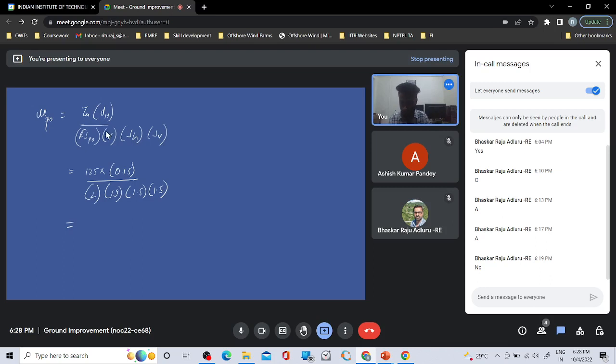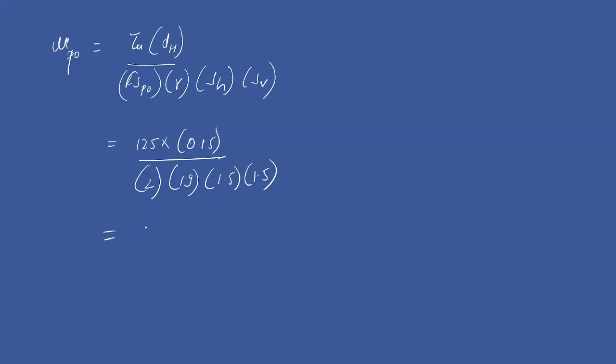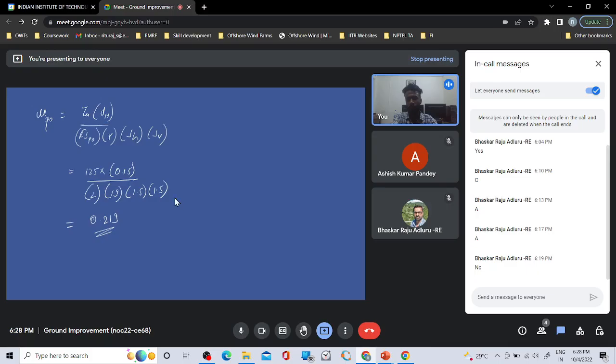So it's 0.21. Any query in this? Basically the relation is tau ultimate into diameter of the hole divided by the factor of safety against pull out.